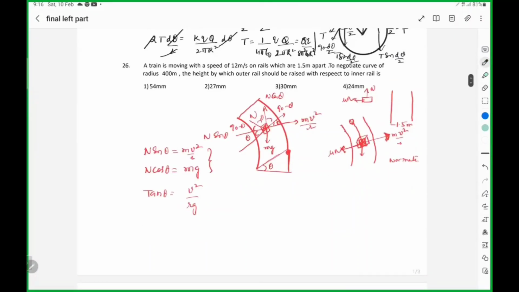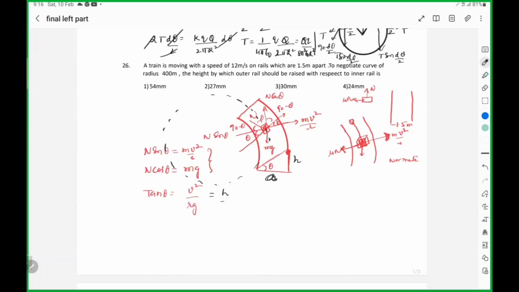This is the same as h by l, if you take l as the distance between rails. Let us denote it with something else because r was already taken for the radius of the circular path in which the vehicle is moving.